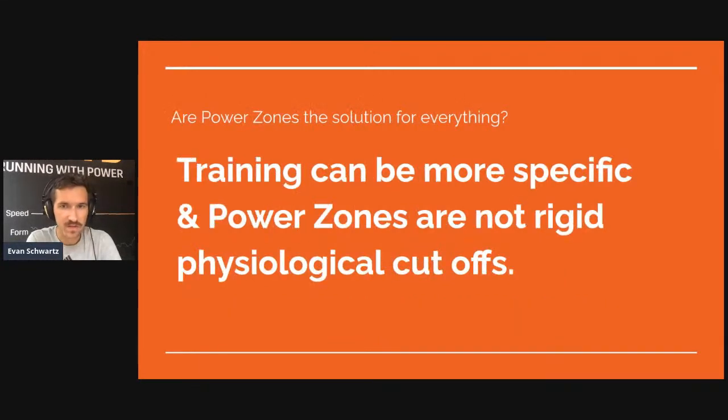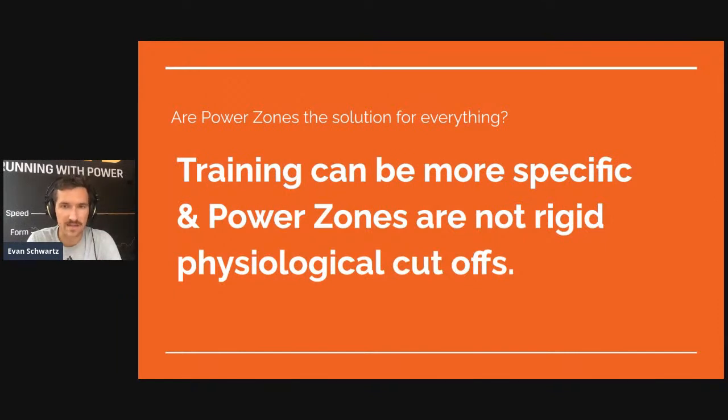Are power zones a solution for everything? As much as it would be nice to say yes, training can be more specific than just showing buckets of zones, and power zones are not rigid physiological cutoffs. It's more of a range and a guide, but it should change over time as you gain and lose fitness, as you change as an athlete over time.